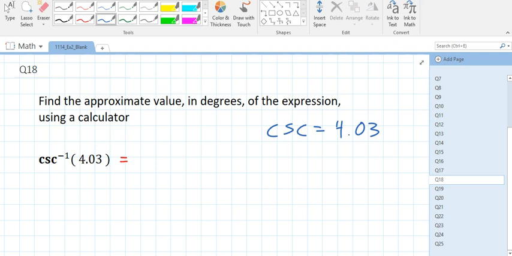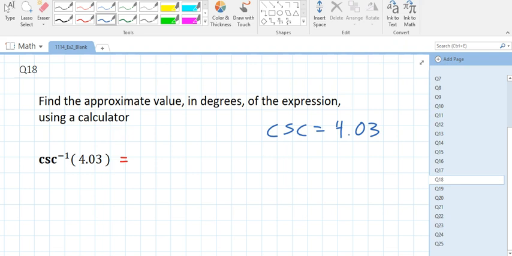So what could we do to this to fix it? We need something that we can use in our calculator. I like where you guys were going a moment ago. Cosecant, what's the relationship? It's the reciprocal of sine.